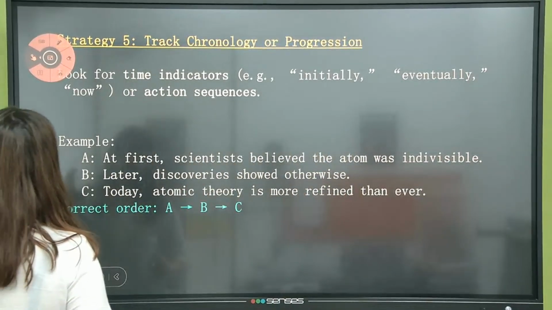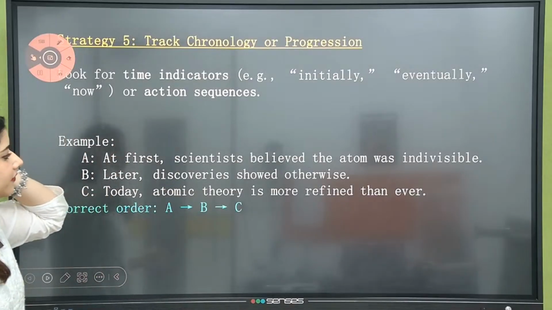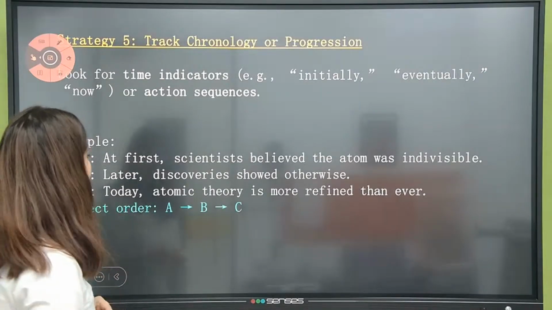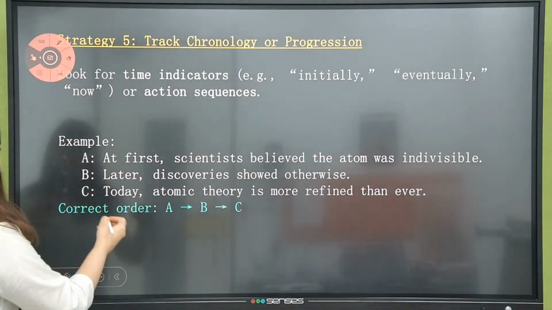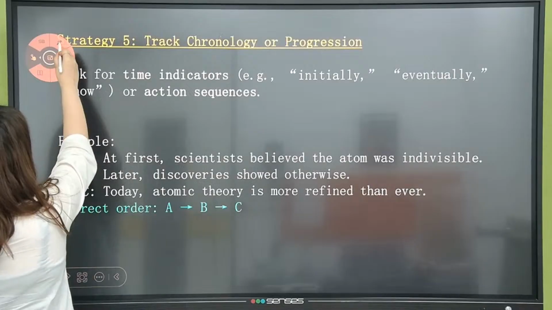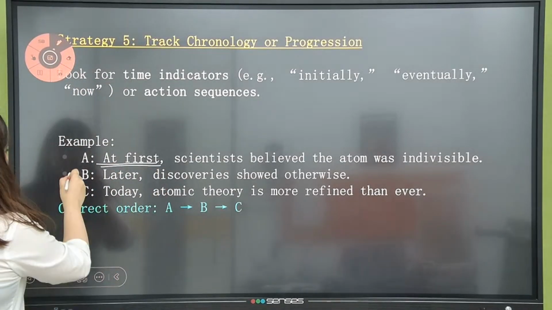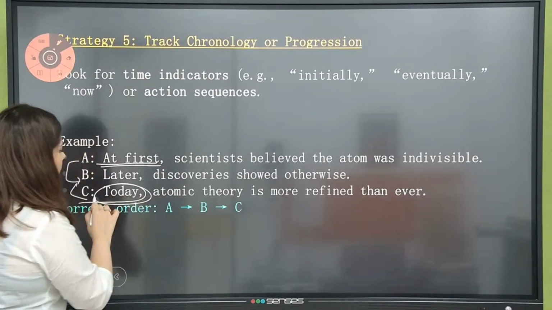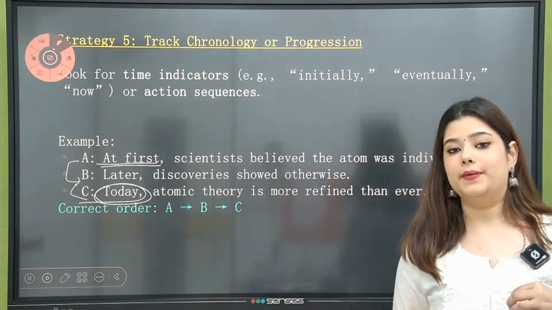So, for example, we have three sentences. At first, scientists believed the atom was indivisible. Later, discoveries showed otherwise. Today, atomic theory is more refined than ever. So, we'll first give preference to something that happened in the past, then a contradiction to that statement, and we'll finally talk about what is happening at present, today.